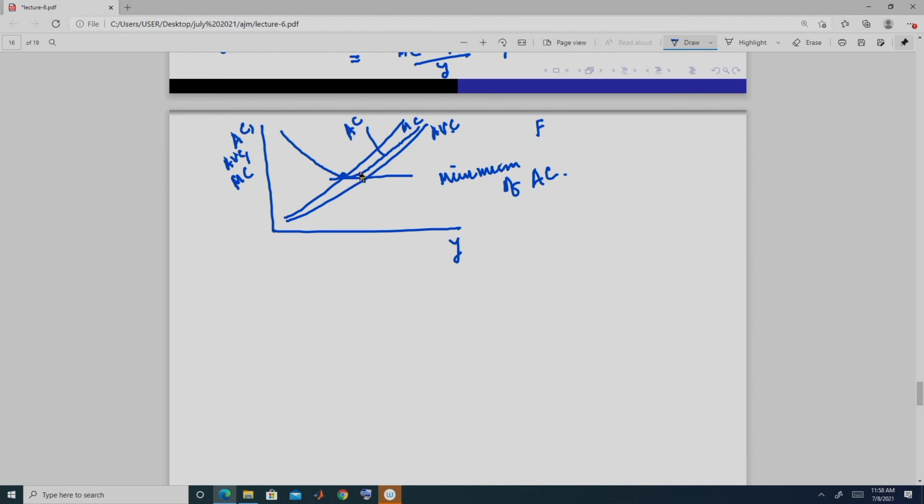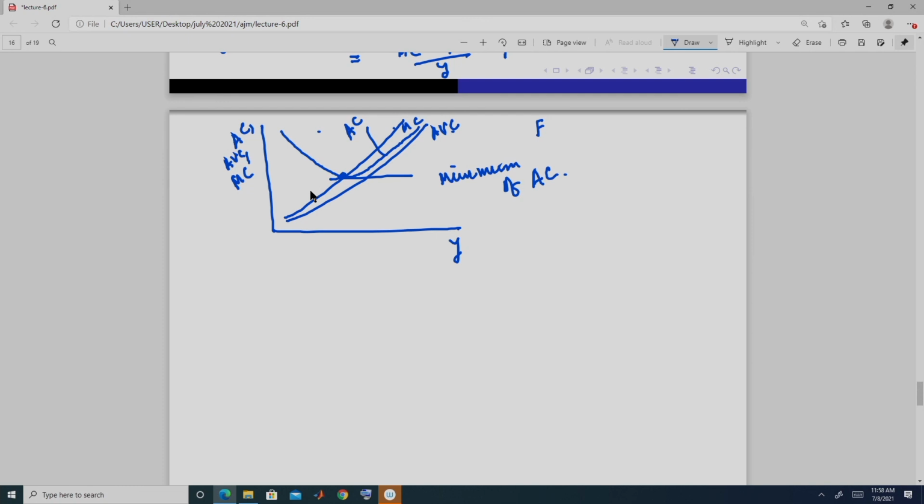So, this will intersect at the minimum. When we have an increasing portion of AC, AC will be less than the marginal cost. When we have a decreasing portion of AC, AC will be higher than the marginal cost.